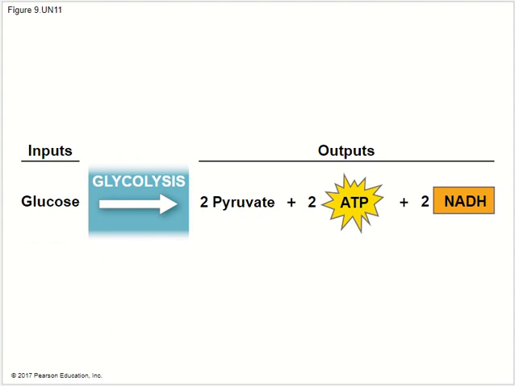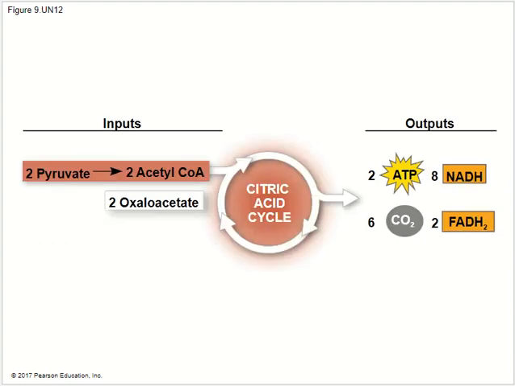The input of glucose to start glycolysis outputs 2 pyruvates, 2 net ATPs, and 2 NADHs. 2 pyruvates can be oxidized to 2 acetyl coenzyme A's, which bind to 2 oxaloacetates in the citric acid cycle to output 2 ATP, 8 NADH, 2 FADH2's, and 6 carbon dioxides.